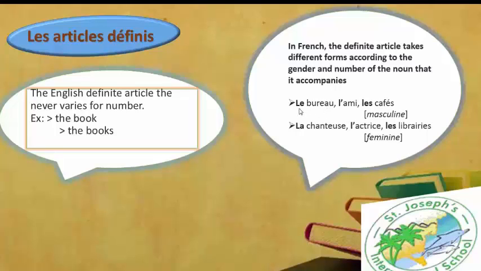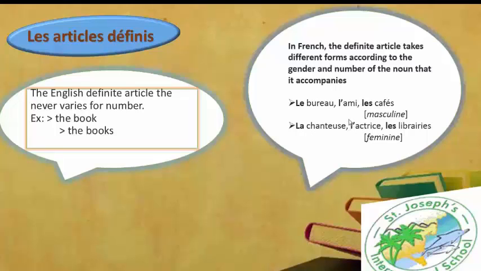Le here it means the, but le it's a specific word. We use it with the masculin singulier. Okay, and la for le féminin singulier. So we have le for the masculine and la for the feminine.